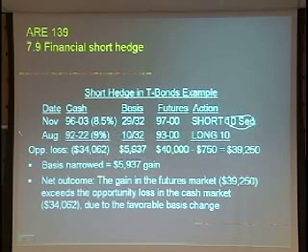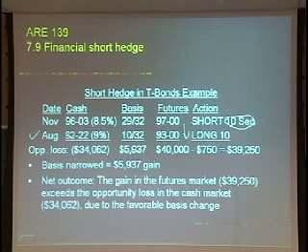So let's suppose that August now rolls around, and let's suppose that interest rates have in fact increased from 8.5 to 9 on the spot side, which means that the price in the futures contract will come down if interest rates rise. Our cash price also falls, and we work out the net outcome, just as we've done in our other examples, right?